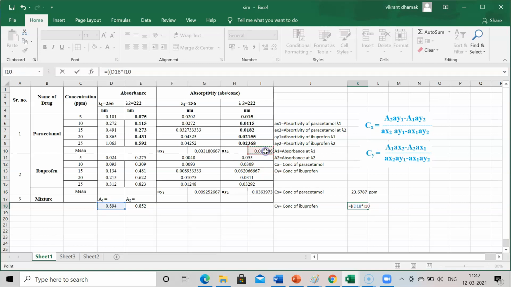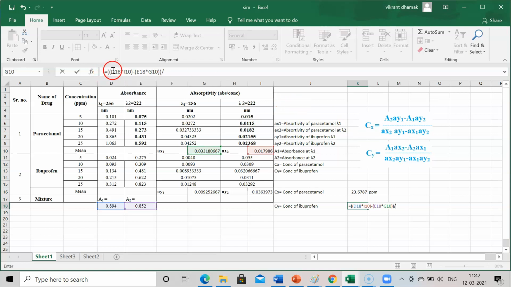Now select the cell AX2, bracket, put a minus sign, after that A2, before that bracket, into AX2, sorry, AX1, again double bracket, divided by.